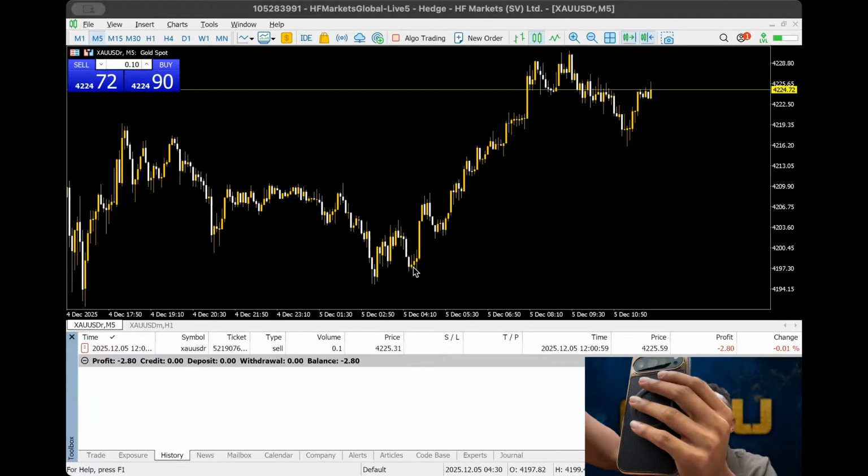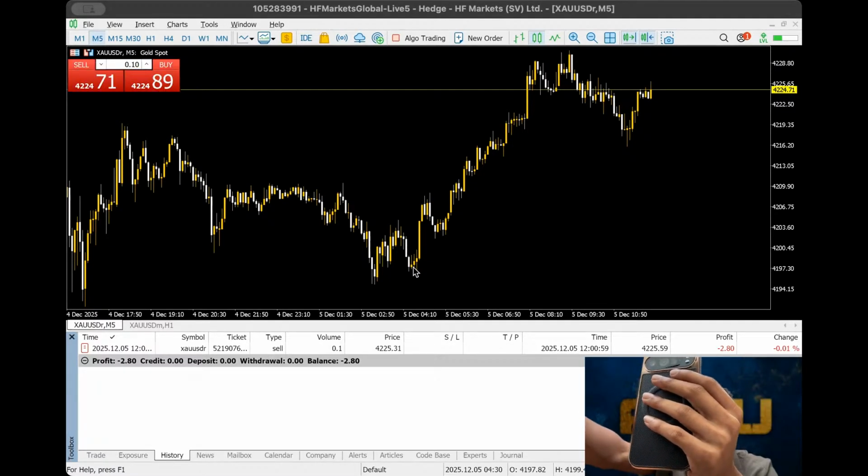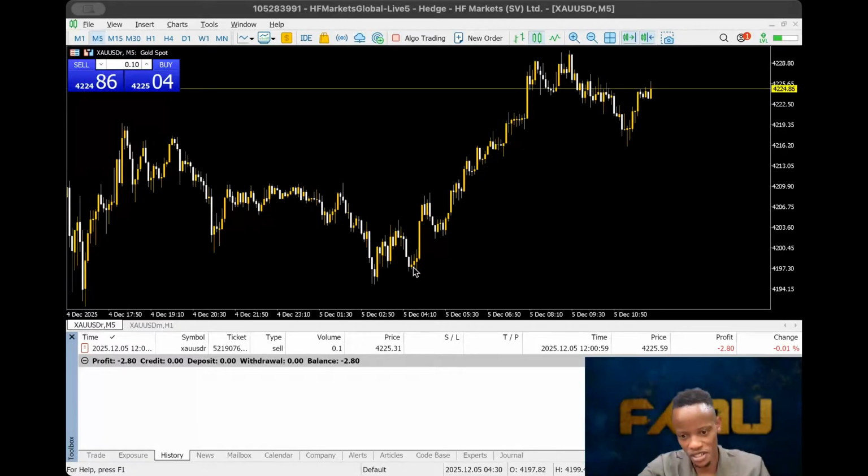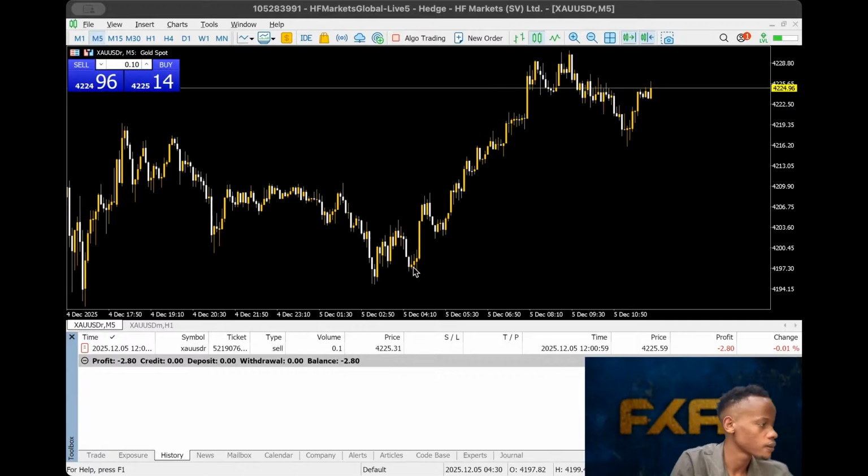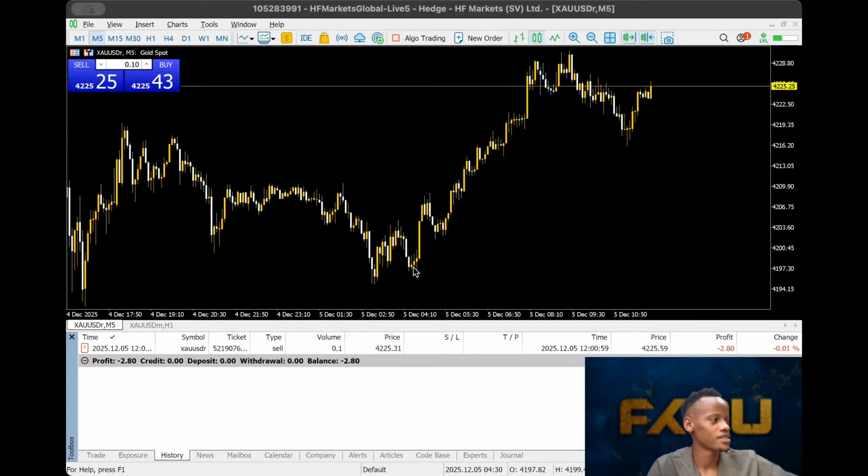Then price gave us this. So I'm scared because of this candlestick, unless when it turns back bearish, that's when I will sell. Otherwise, we've just lost $2.8. That's the game, bro. That's the game.